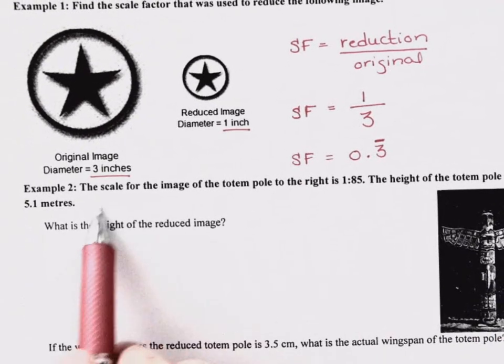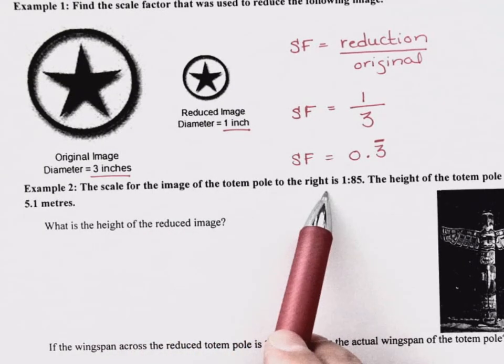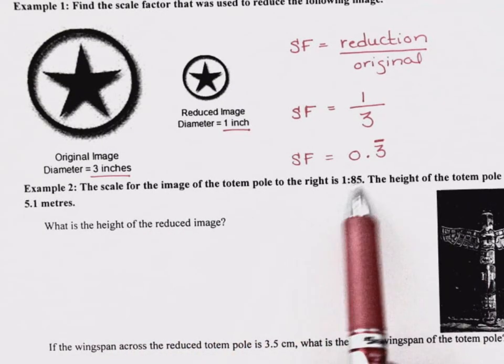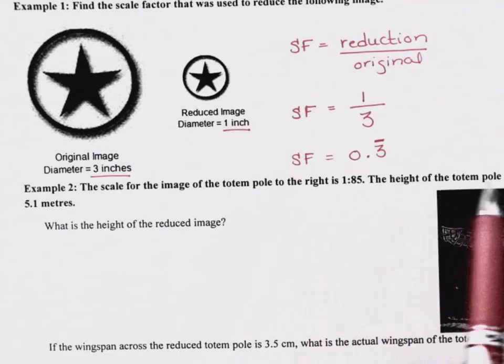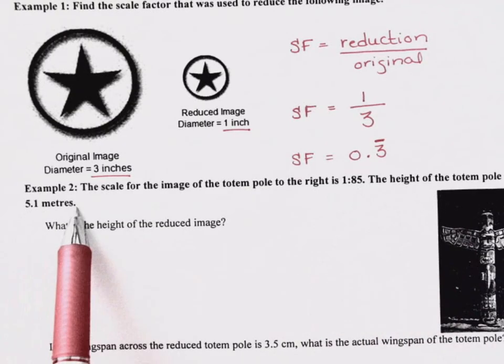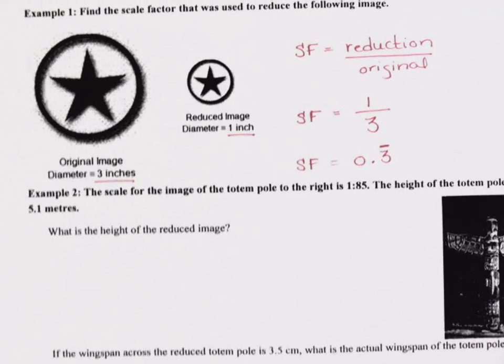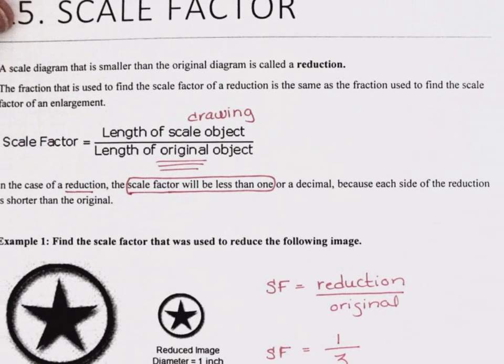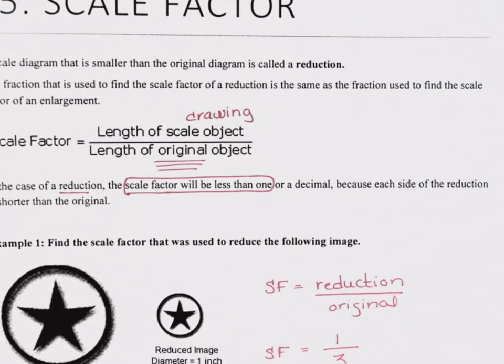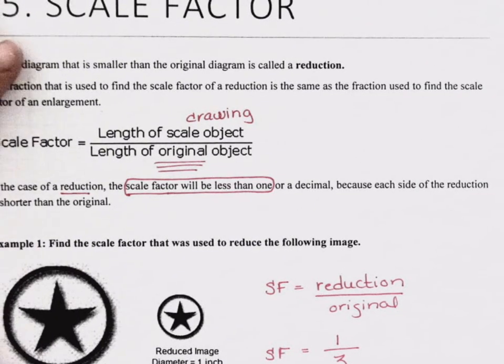The scale for the image of the totem pole to the right is 1 to 85. The height of the totem pole is 1.5 meters. Okay, I'm going to go back up to the top and I'm going to give you two more formulas.